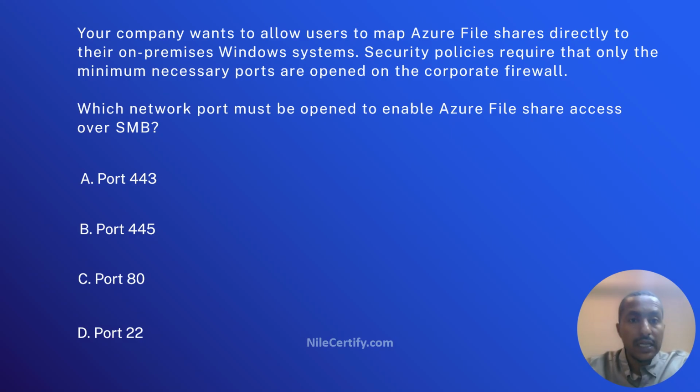Option C, port 80, is classic HTTP traffic and definitely not used for SMB shares, so you can forget this one right away. Option D, port 22, is SSH, usually used for Linux remote management, not Windows file shares, so another easy elimination. So the correct answer here is port 445.